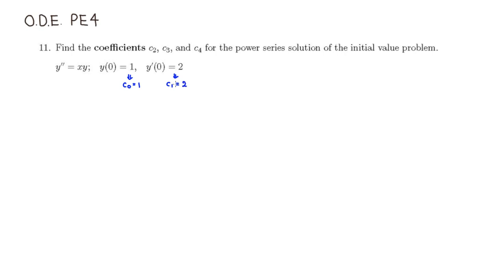Then let's look at the differential equation. The power series for y double prime would be the summation, n goes from 2 to infinity, of n times n minus 1 times c sub n x to the n minus 2.